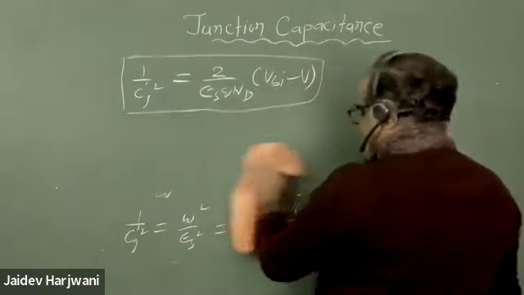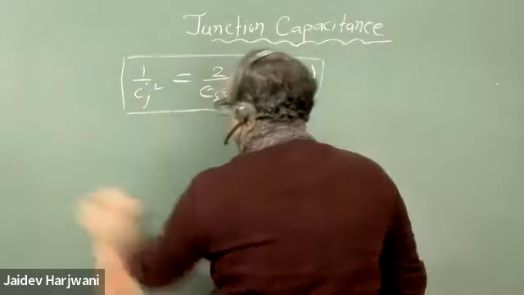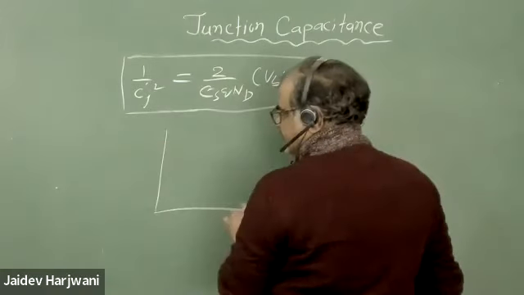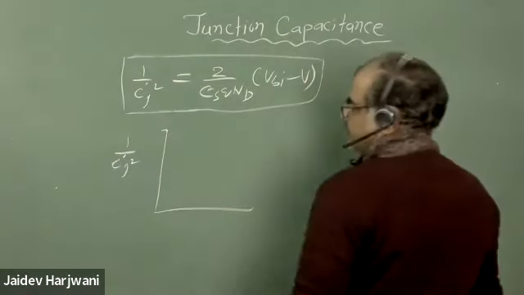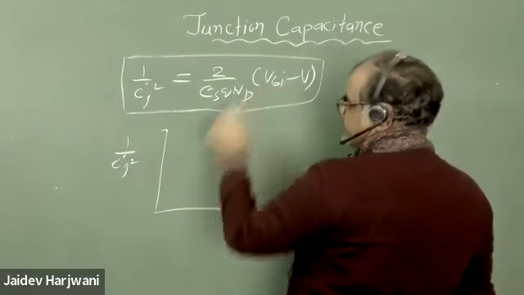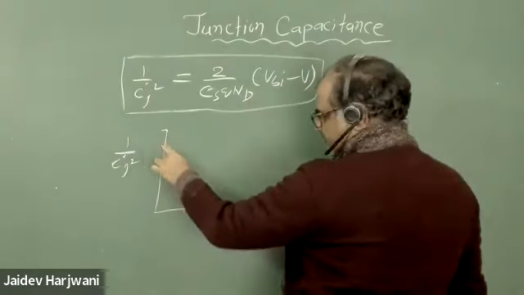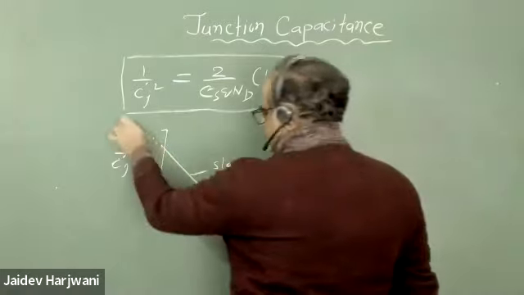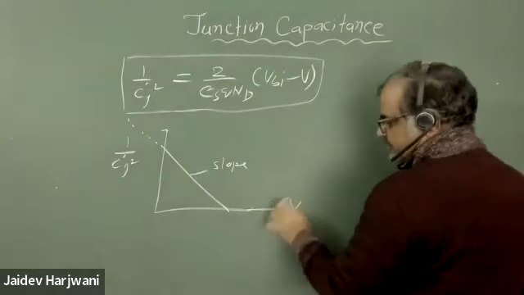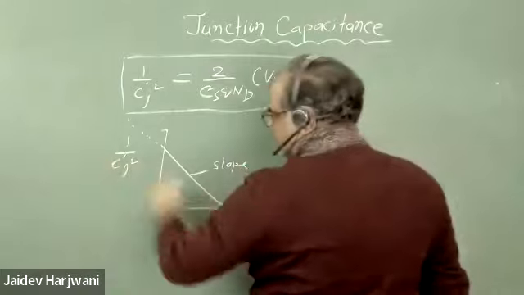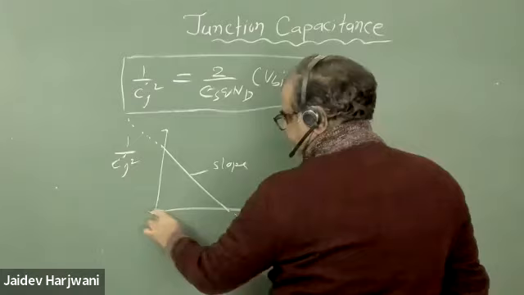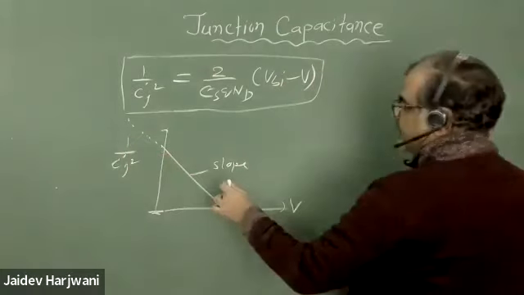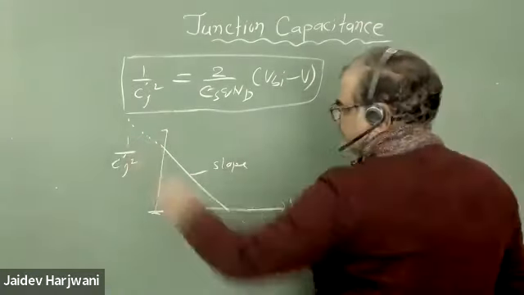If I plot this graph of 1 by C dash square, this is Y and it has a negative slope, so the equation will come like this. You can measure in both forward bias and reverse bias. Capacitance value will be increasing in reverse bias, so 1 by Cj square will decrease in reverse bias.